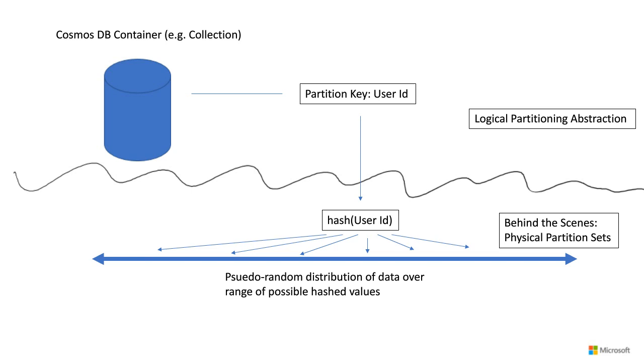If you think about all of the potential hashed values, starting from, let's say, 000 all the way to max value, I have a very broad range of values that the user ID can hash to. By hashing the user ID, or the partition key here, I can get a nice pseudo-random distribution to avoid any kind of hotspots from load balancing these partition keys.